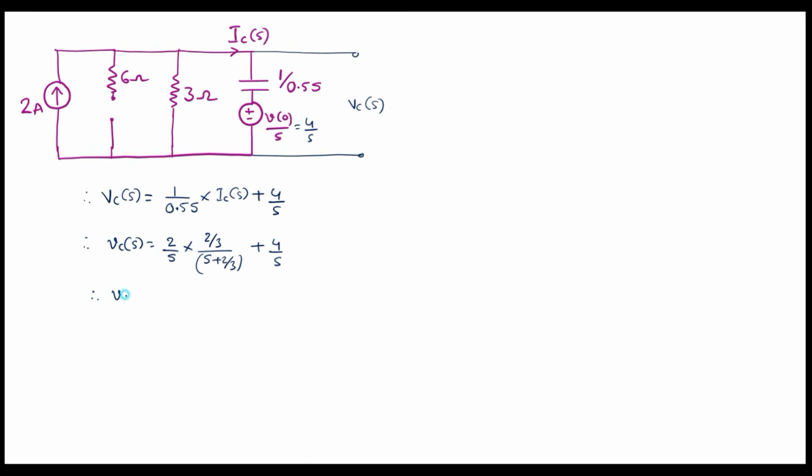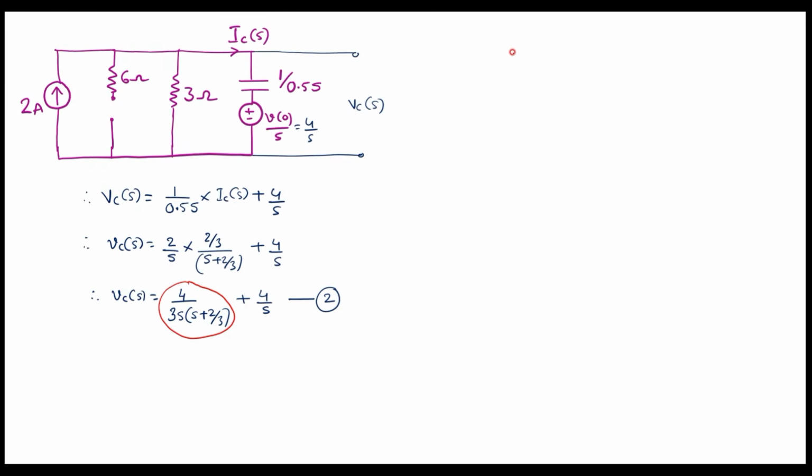So therefore VC of s is equal to 4 divided by 3s in bracket s plus 2 by 3, plus 4 by s. We'll call it equation 2. Now we'll solve this expression using the partial fraction method.